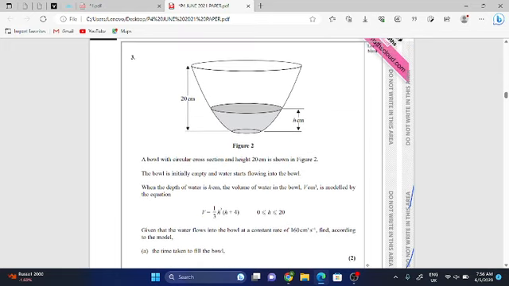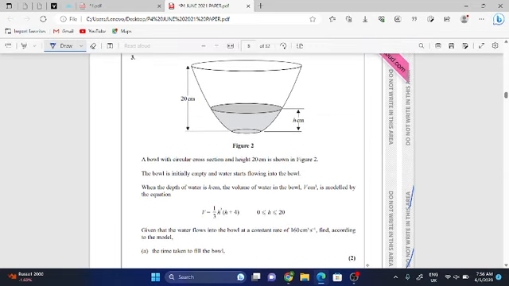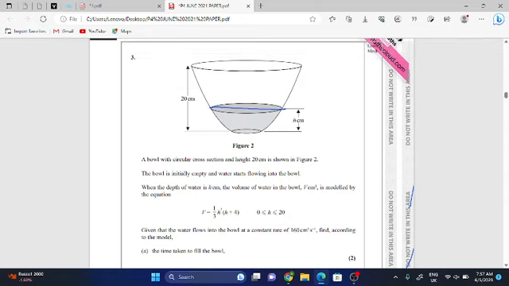you can see in this figure what is given to you. Up to this point the bowl is filled and this height is basically 8 centimeter. This is unknown, in the form of variable h. But the height taken to fill the bowl is basically 20 centimeter.